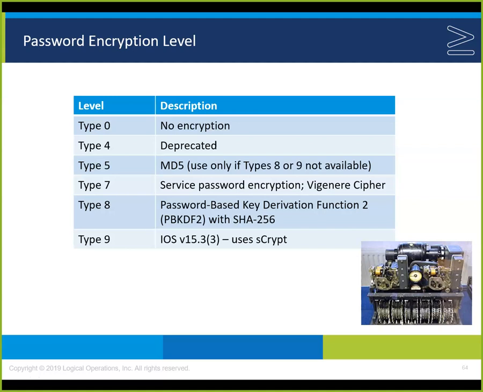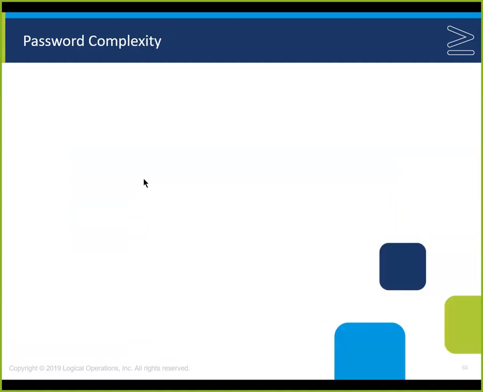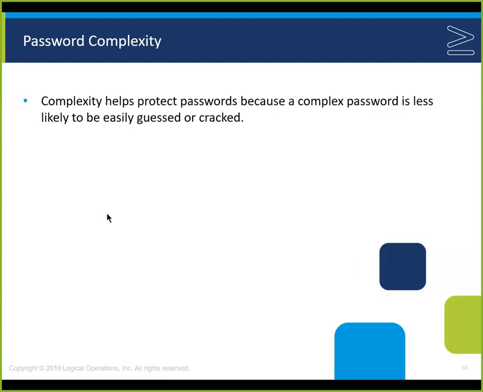All of my GNS3s are old IOSs, and as far as I can tell, I haven't really looked that closely, but I don't think Packet Tracer supports the newer processes, which go from one to the other. Password complexity helps protect, because a complex password is less likely to be guessed or cracked.